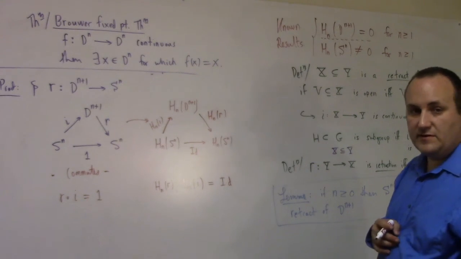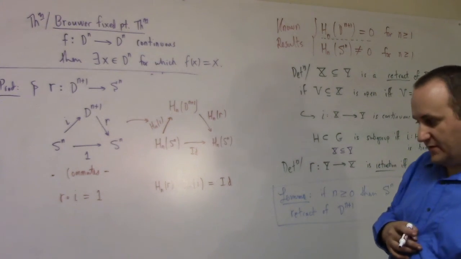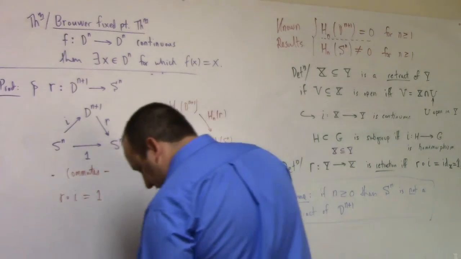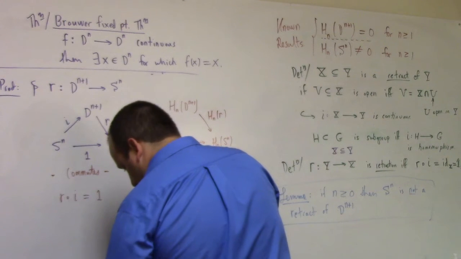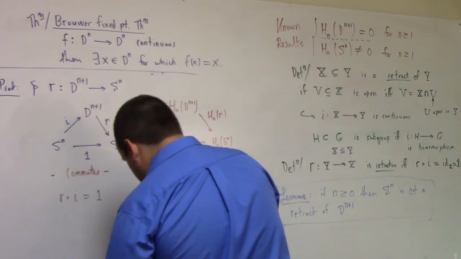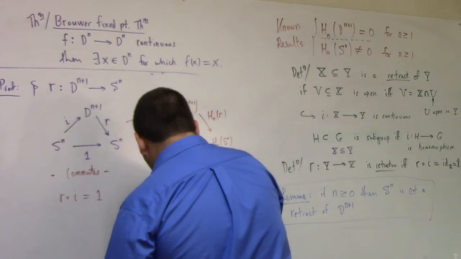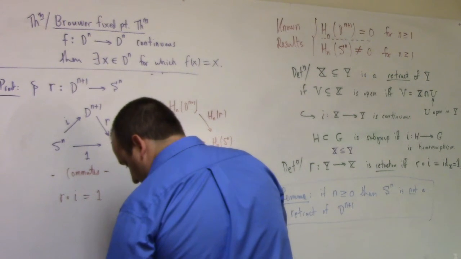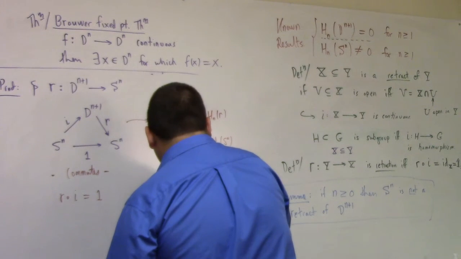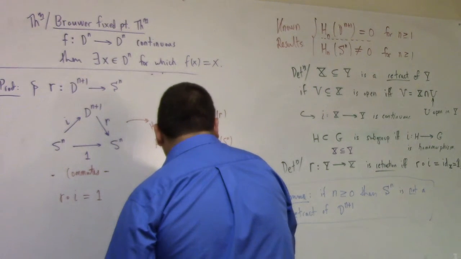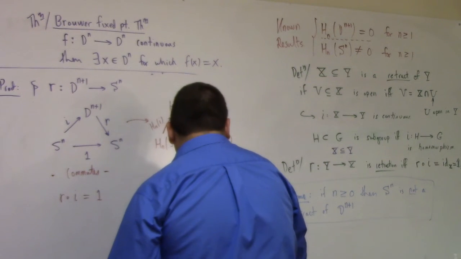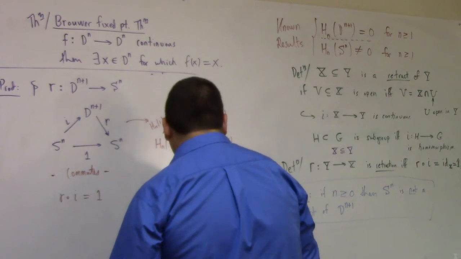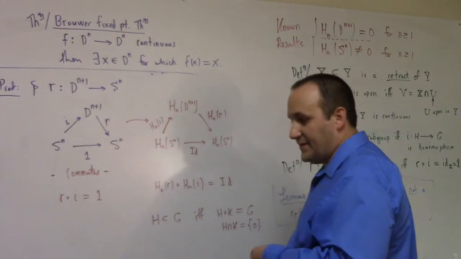Now he's referring to part 3, the abelian group thing I mentioned before, which was that if H is a subgroup of G, H is a retract of G if and only if H plus K is equal to G and H intersect K is just the 0. Here, we're talking about an abelian group.